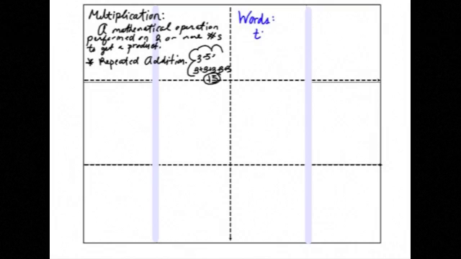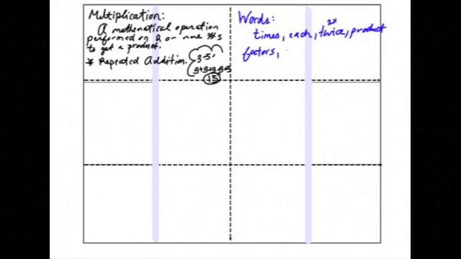So the word times, each, twice, right, necessarily means 2 times. Product, factors, area. There are lots of words associated directly with multiplication. Oh, and also a multiple.